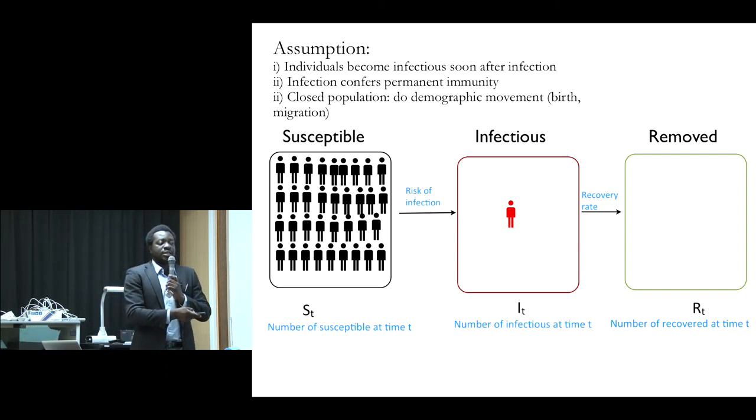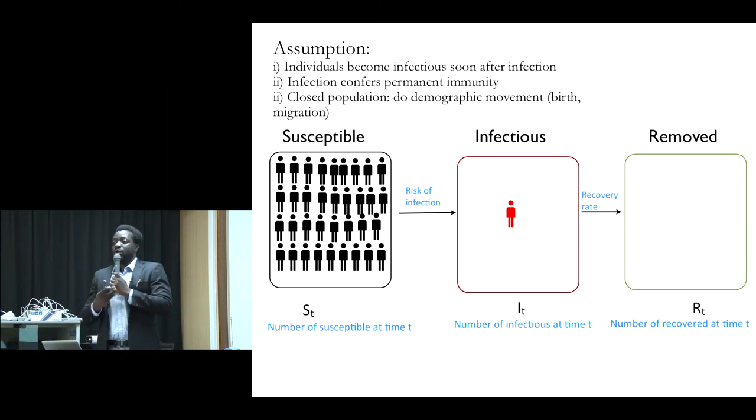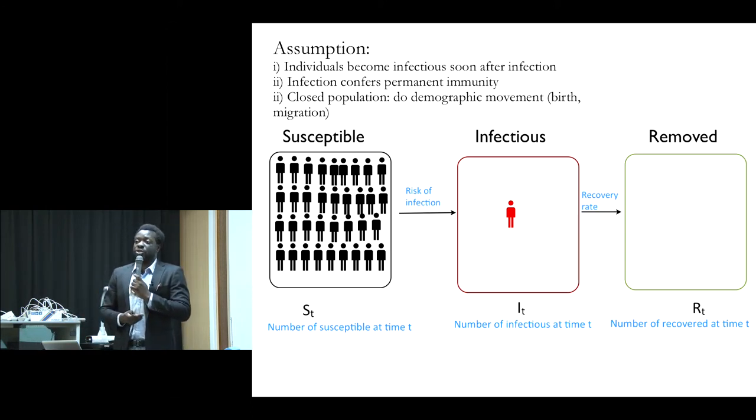S(t) is the proportion or number of susceptible at time t. Time can be 1 day, 2 days, or weeks, or years, so you need to decide on the time step you're using.